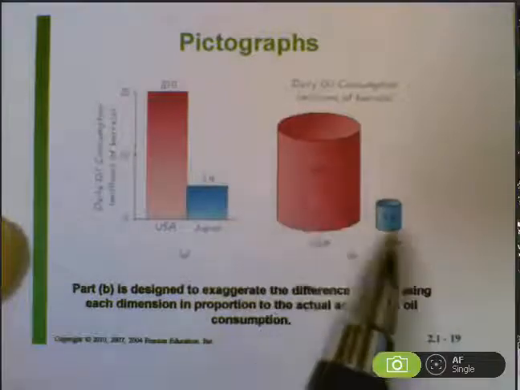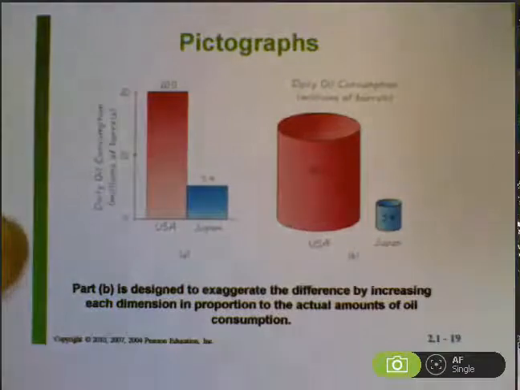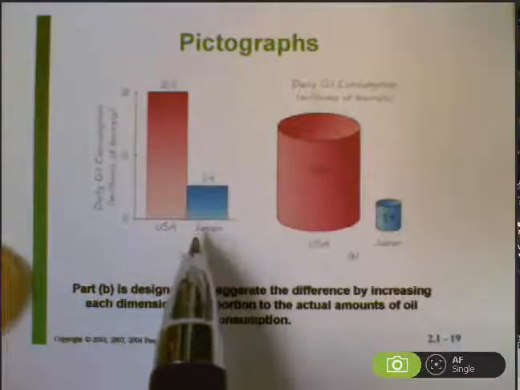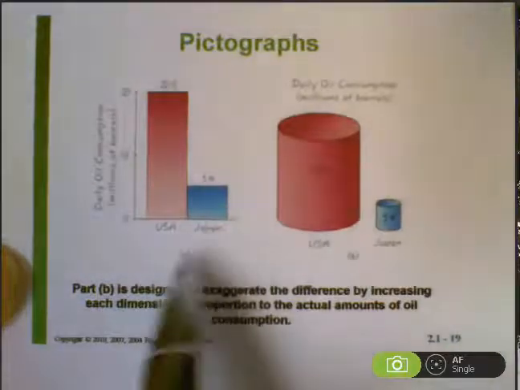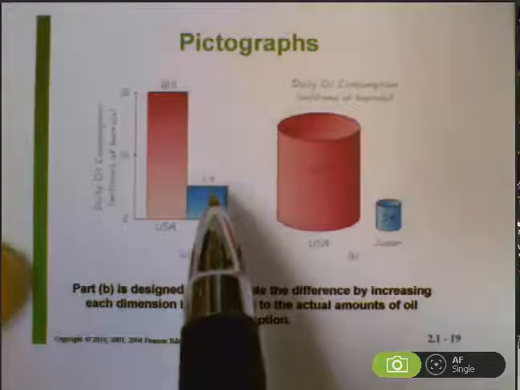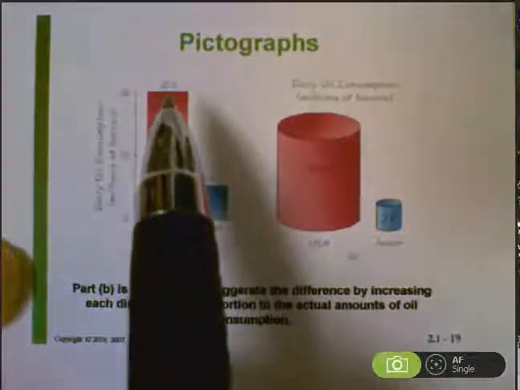It's a much bigger difference than the actual difference between oil consumption in the US and Japan. This reflects it much more accurately. Japan uses about 5.4 million barrels of oil a day, and we use 20 million barrels of oil a day.